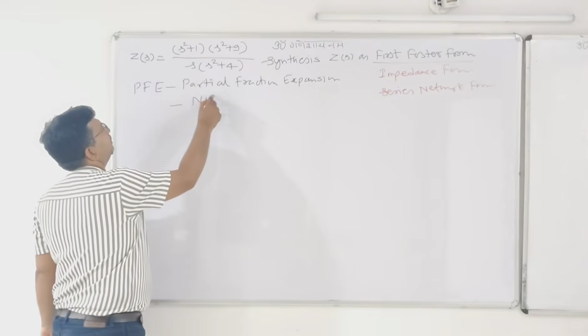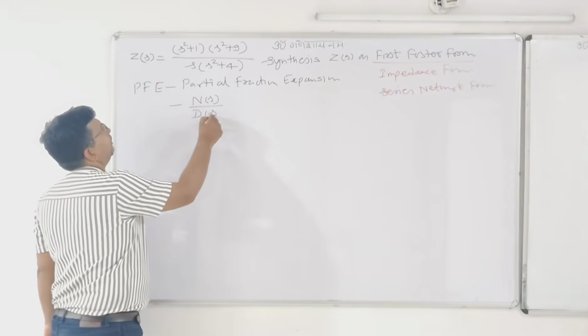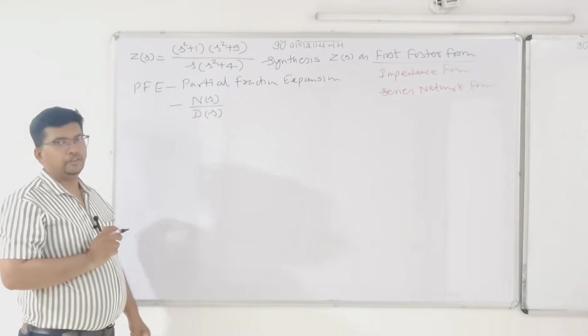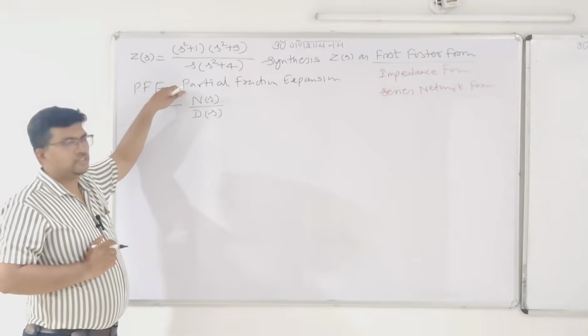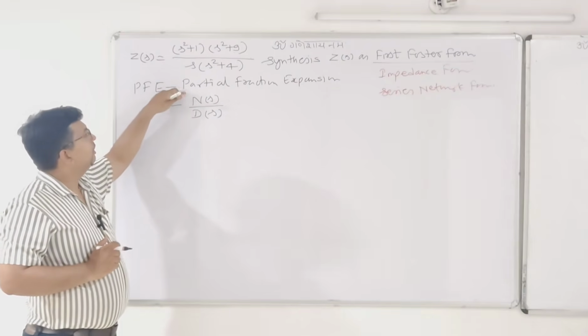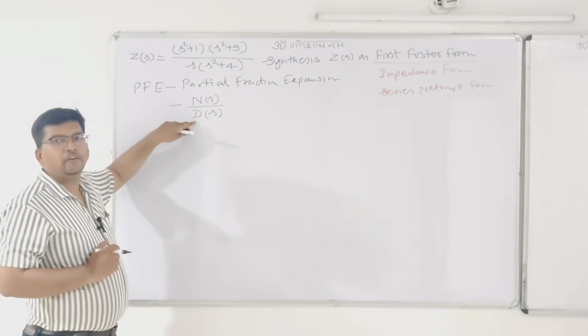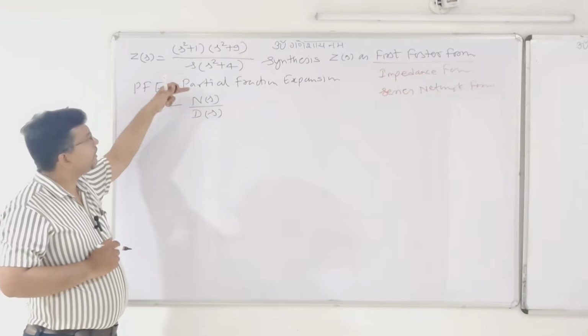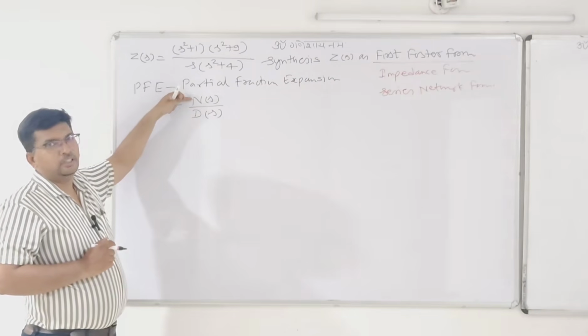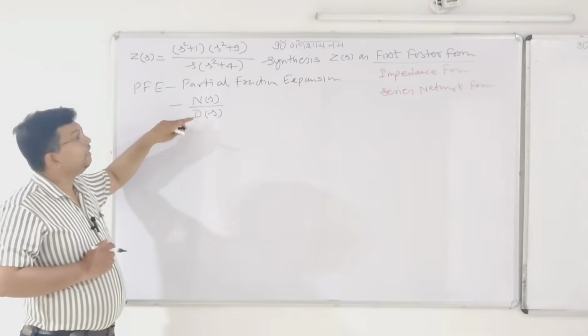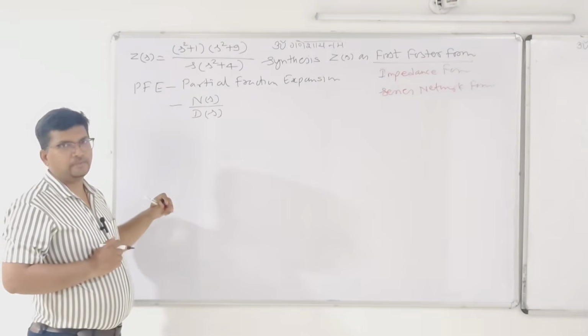If we are given the numerator polynomial and the denominator polynomial, then for applying the partial fraction expansion method, the highest power of the denominator should be greater than the numerator power. If this condition is satisfied, then we can apply the partial fraction expansion method.